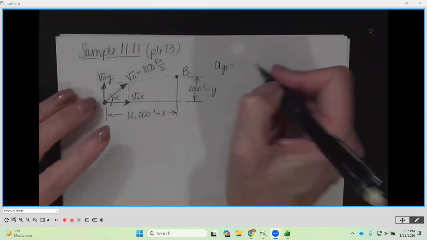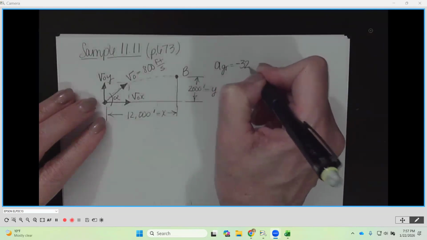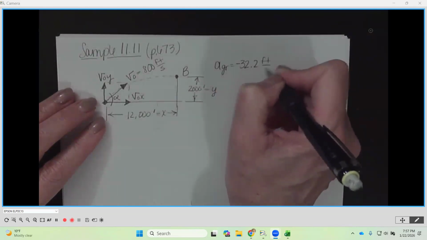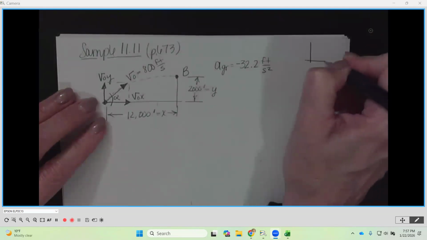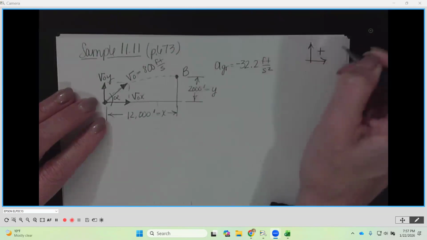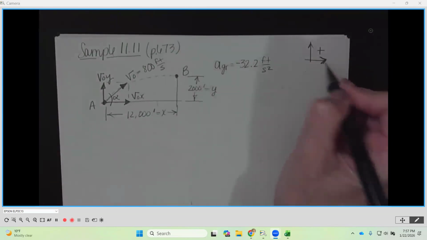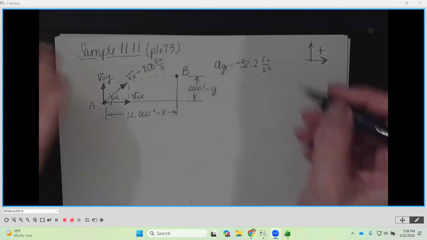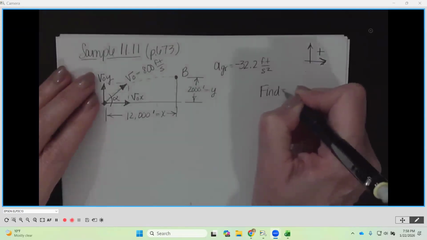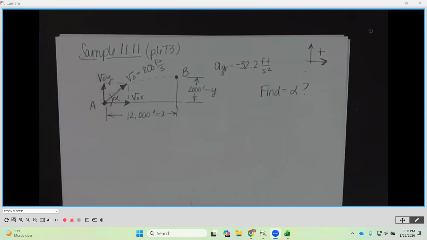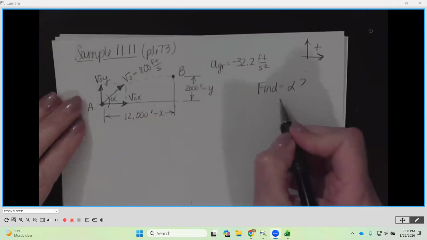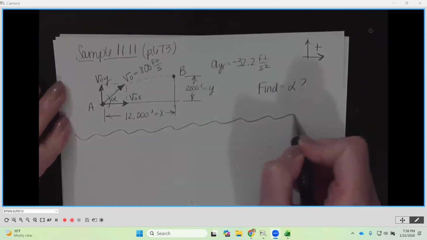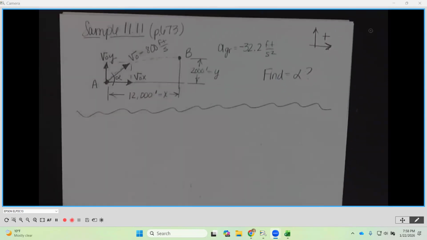That means our acceleration of gravity is going to be negative 32.2 feet per second squared. I'm going to put our convention as up and to the right is positive. And what we need to find is alpha: what is the angle that we're going to fire at so that we hit our target B. So that's our problem.